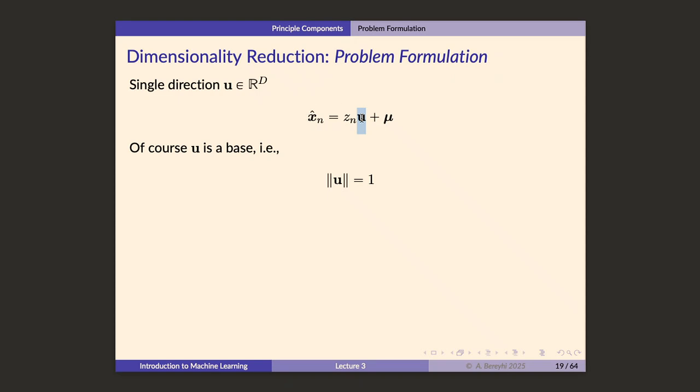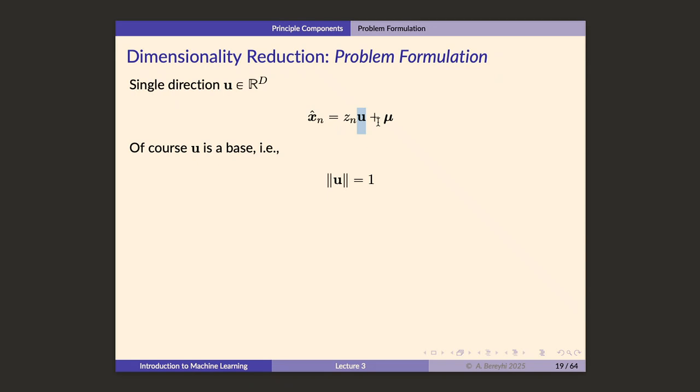So if I write it down in this form, if x is in d dimensions, what is the dimension of u? It's again d-dimensional, right? So I have one d-dimensional vector u, and then I just look for one number z that I multiply into this guy, and I get my x. Do I necessarily find that? No, I cannot necessarily find that, right?